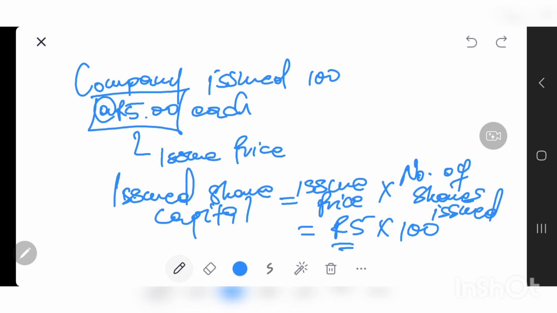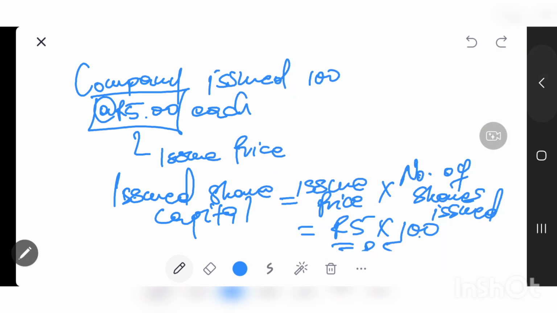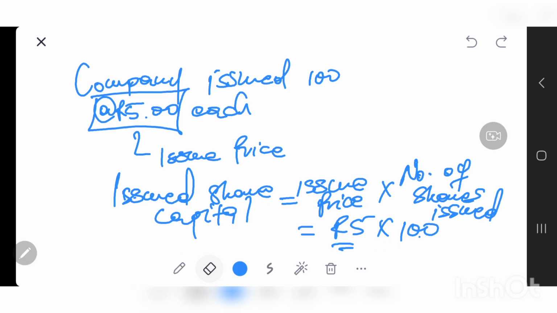So the issued share capital now is how much? 5 times 100 is 500. So the issued share capital will be equal to 500, for an example. So this is what we are going to record as equity that was raised from the public.